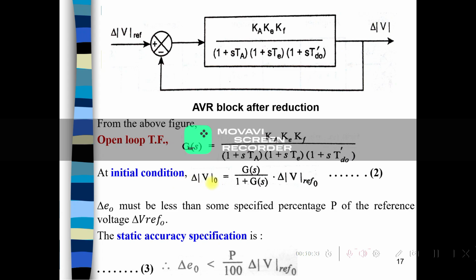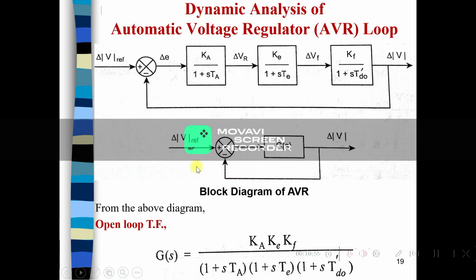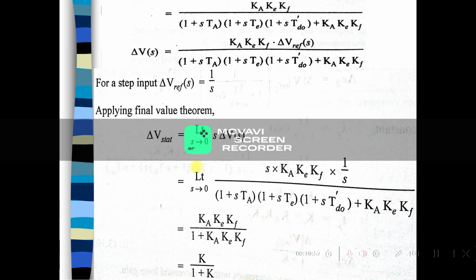We can find the static accuracy and the specifications. Then we apply the final value theorem, so the s term we take as 0. That means del V static is equal to limit s tends to 0 of s times del V of s. So finally we get K divided by 1 plus K.